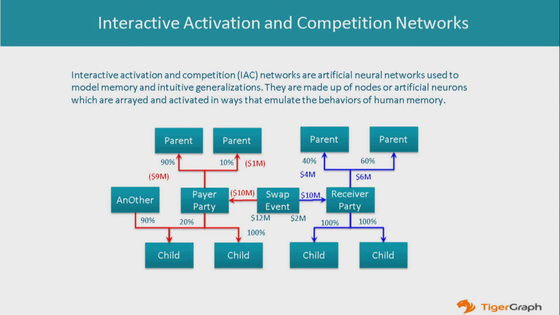So what happens in an IAC network is it operates just like PageRank, except it's going to move and keep these values segregated throughout the entire network, so that when you look at a particular parent, you can see where a particular value came from.